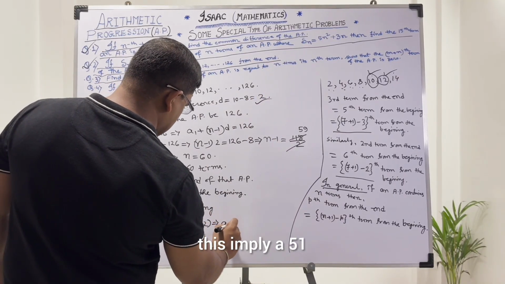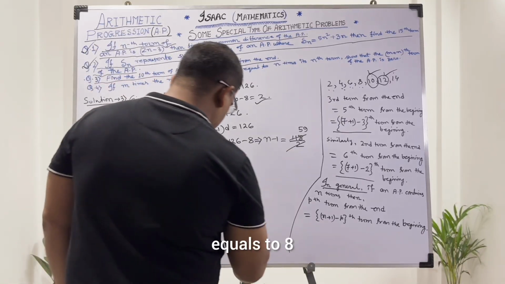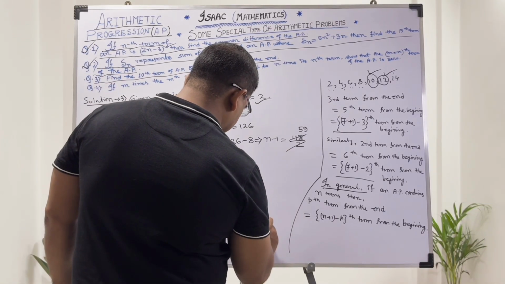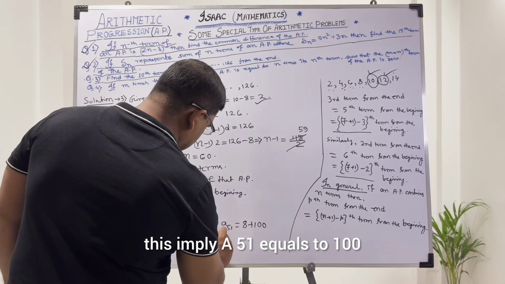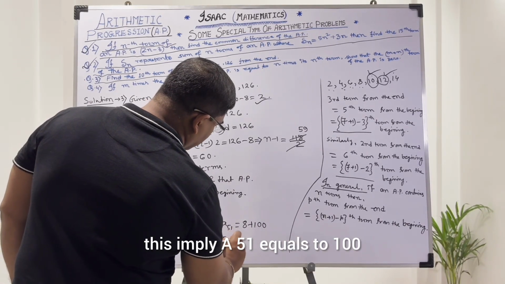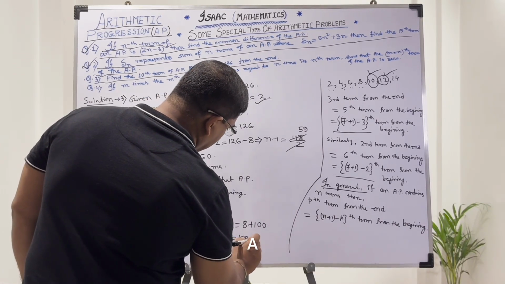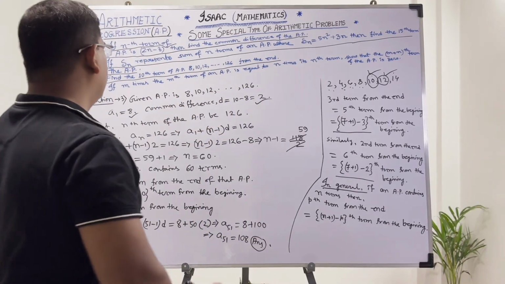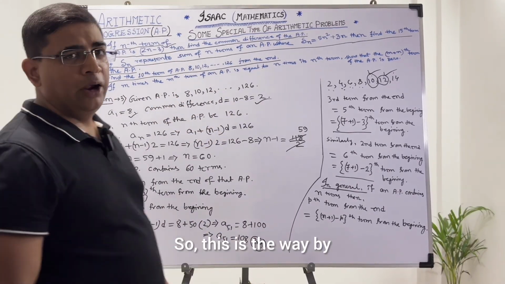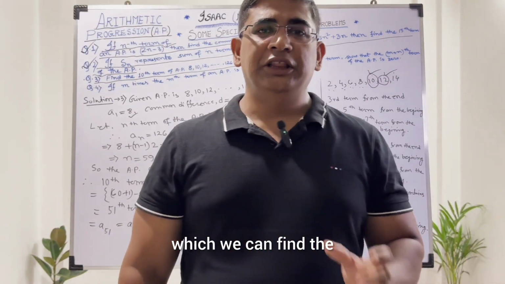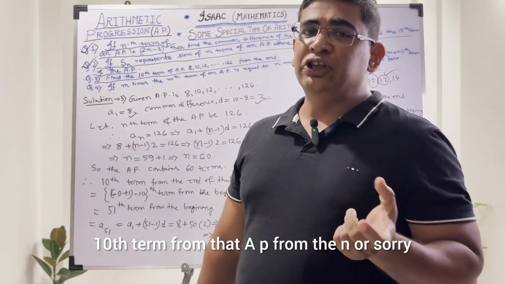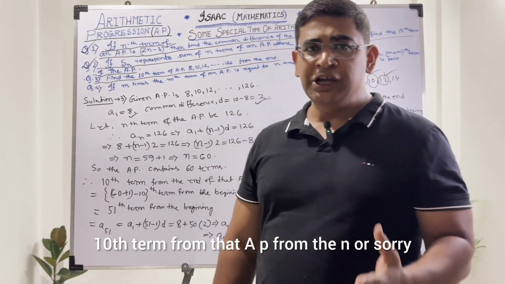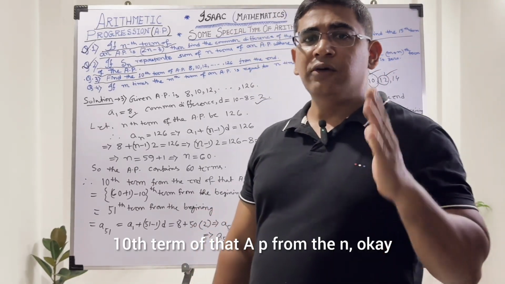This implies A51 equals to 8 plus 100. This implies A51 equals to 108. Okay. So this is the way by which we can find the 10th term of that AP from the end.